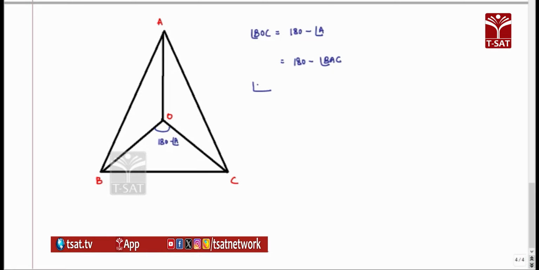Look at angle COA. Now here this angle is B, therefore it becomes 180 minus B, that is 180 minus angle ABC. If I take angle AOB, which is equal to 180 minus angle C, 180 minus angle ACB.